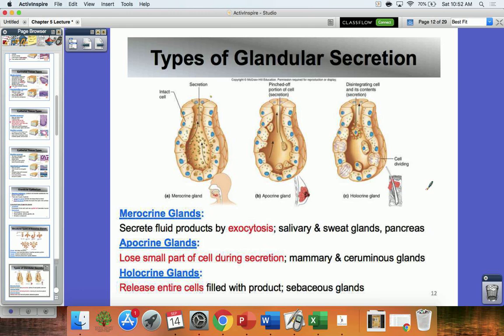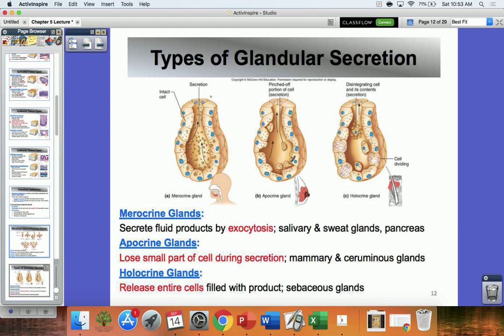Merocrine glands are where the fluid products are very small, and it's just by exocytosis. If y'all remember, we have vesicles that are being pushed towards the cell membrane, and those very small particles are pushed out, right? But then we have apocrine glands where a little bit of the cell is actually going to be released.